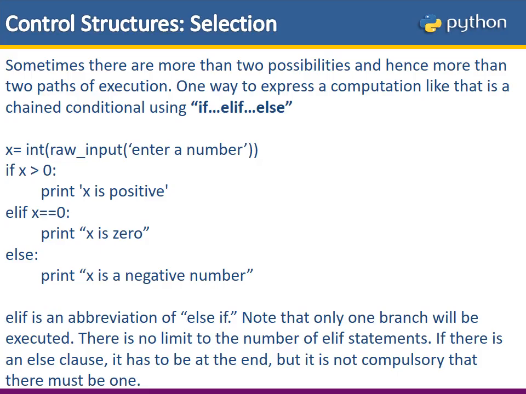That is the second form of the statement, elif. And else: if these two conditions are not true, we go to the next one, which is the else. Print, otherwise, s is a negative number.